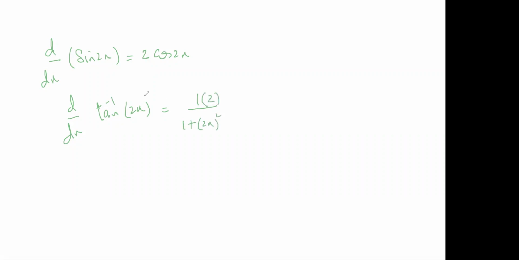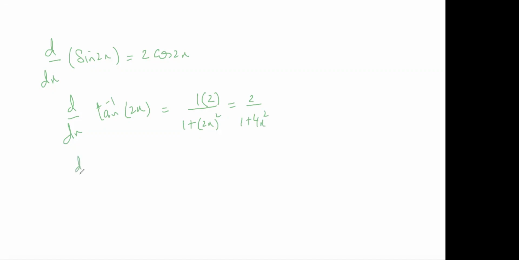It is exactly the same way as when you differentiated sine 2x: it was basically cos 2x, and then you multiplied with the derivative of the angle. Similarly, for tan inverse of 2x, this is 1 over 1 plus 2x squared, and then the derivative of 2x is 2. So you can write it as 2 over 1 plus 4x squared.